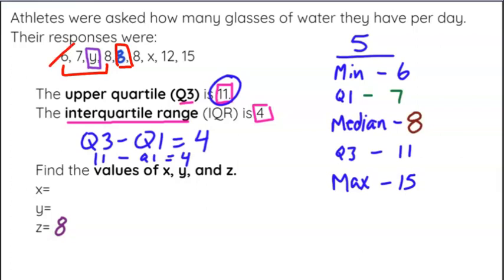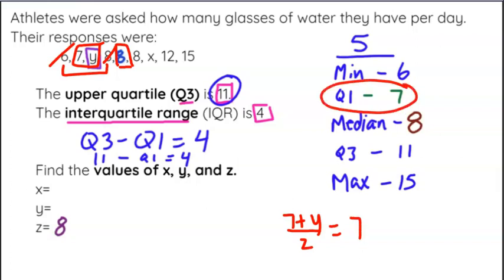So the halfway point would be between 7 and Y. So what I know is that 7 plus whatever Y is, divided by 2, is going to equal my quartile 1, my 7. Well, since the quartile 1 is 7, which matches the first number, I know that Y is going to be 7. If you want to walk through that mathematically, we just have to undo our operations.